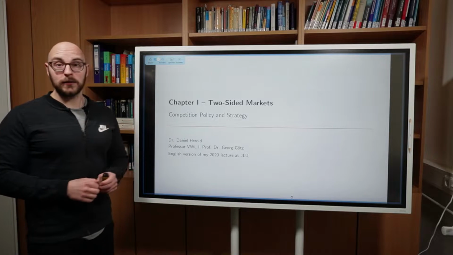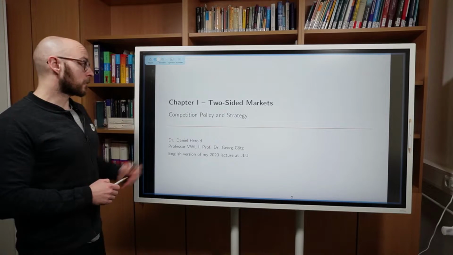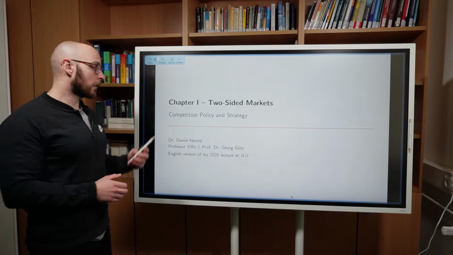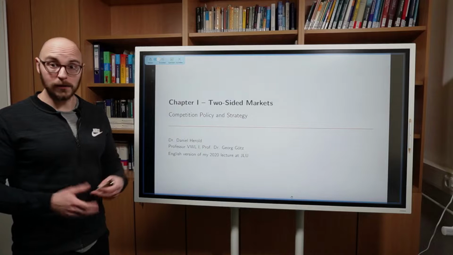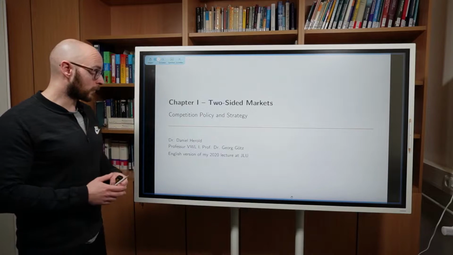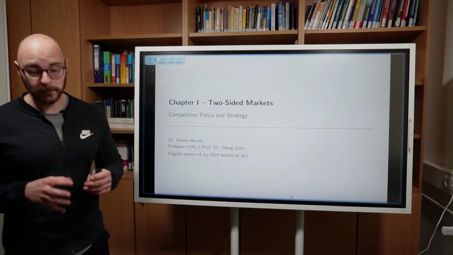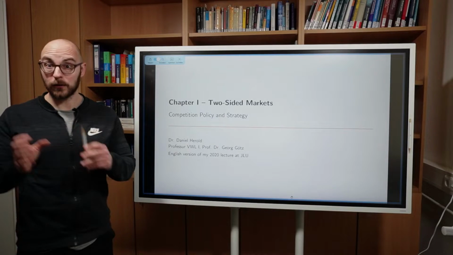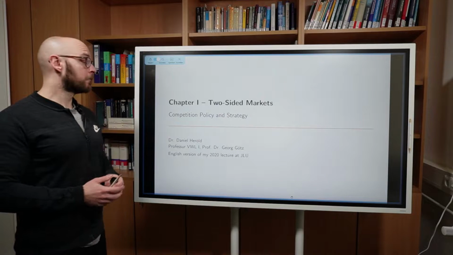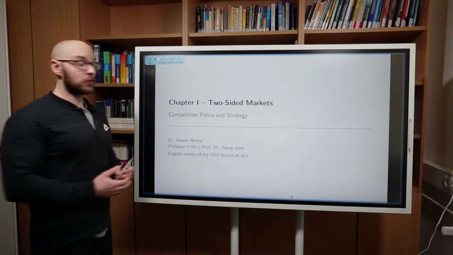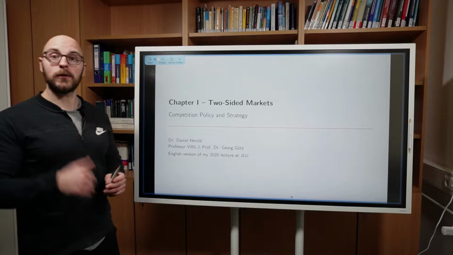It fits nicely into our schedule as in chapter H we have first been talking about collusion, so basically all sorts of illegal cooperation between firms. Then we have been talking about horizontal and vertical cooperations, which are not illegal, basically. And in chapter H3, we have been talking about vertical restraints.